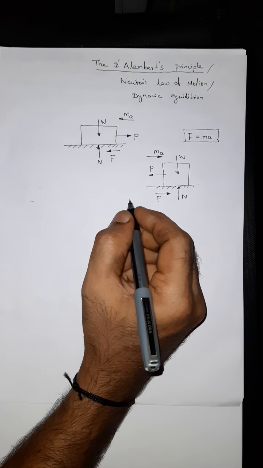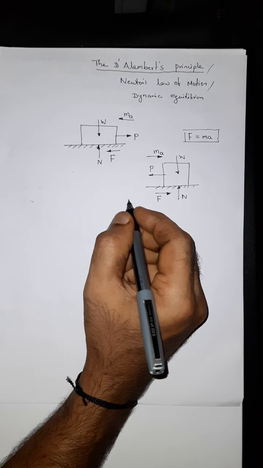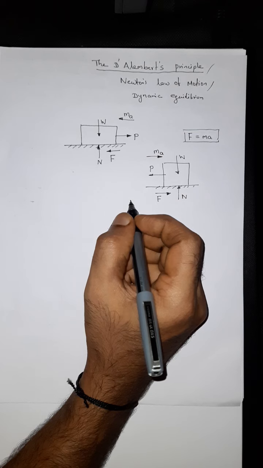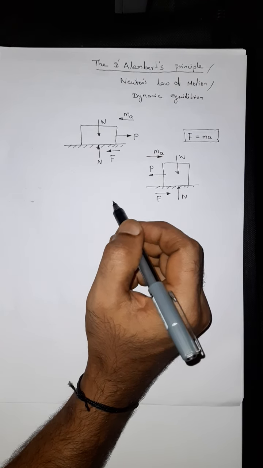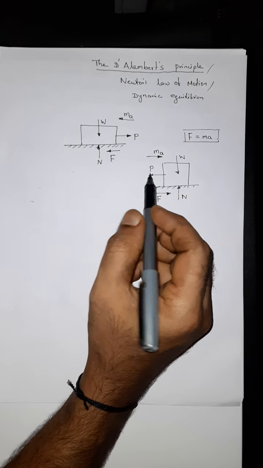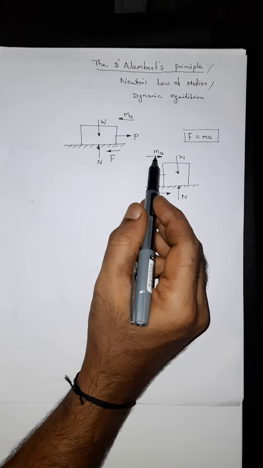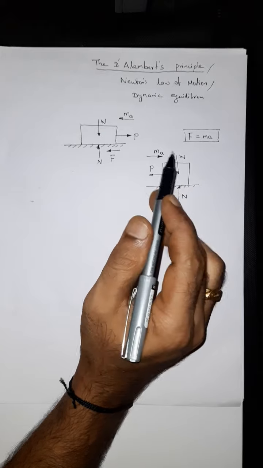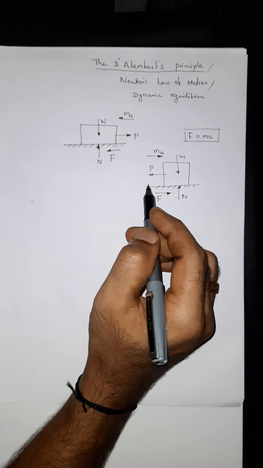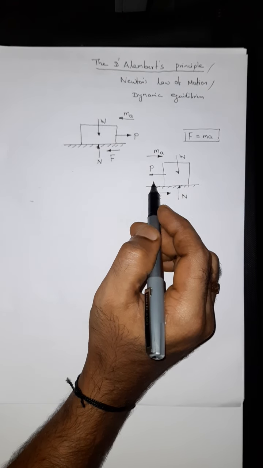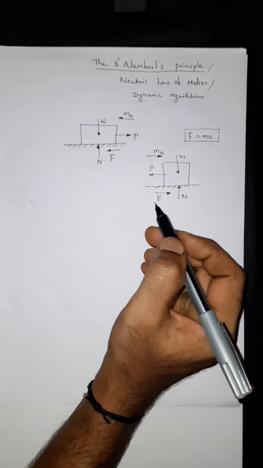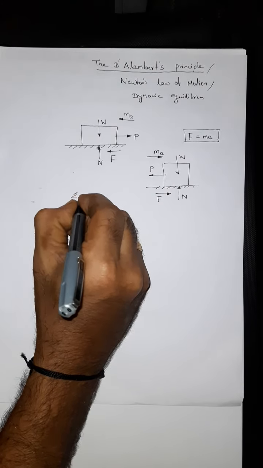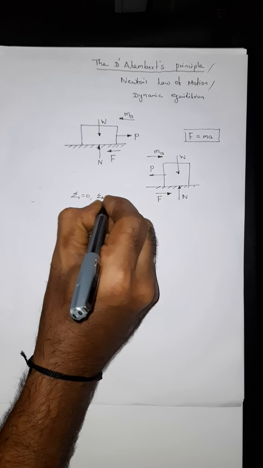Right. So three things you have to remember. Step 1, draw the free body diagram separately and represent all the external forces acting on the body. While drawing the FBD, the direction of inertia should be taken in the opposite direction of the motion. Second, as usual, you have to apply the equations of equilibrium, which are summation V is equal to 0 and summation H is equal to 0.